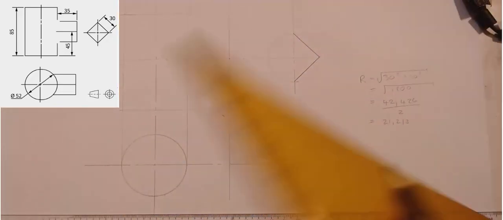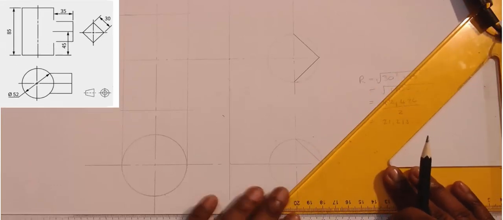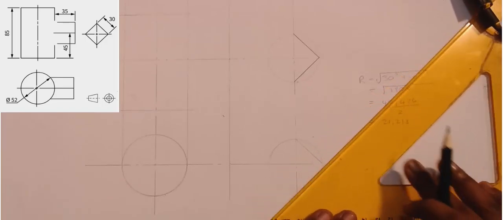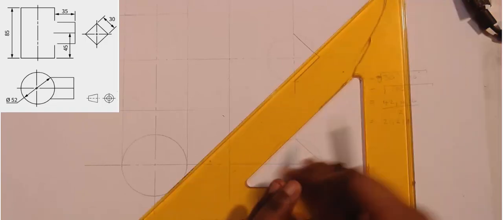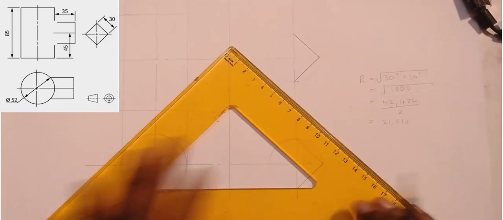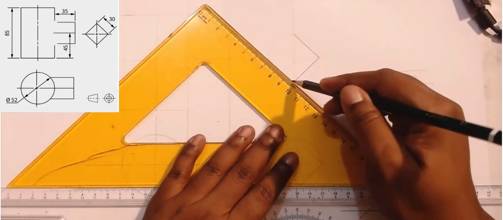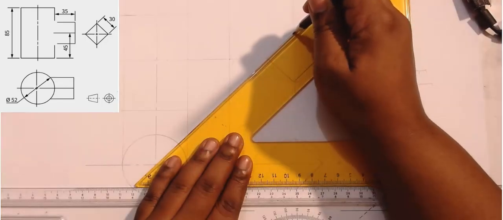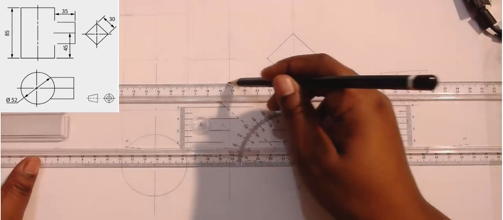Okay. Then right. Then automatically we have the sides for the branch pipe.